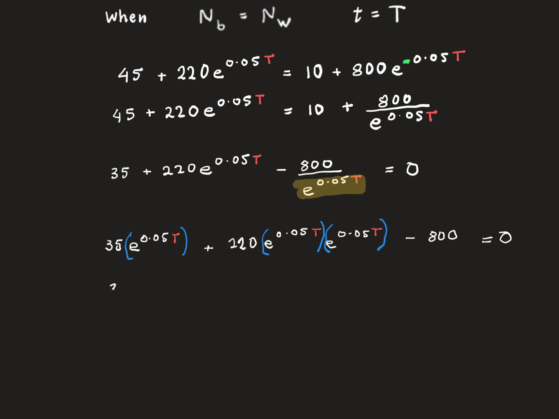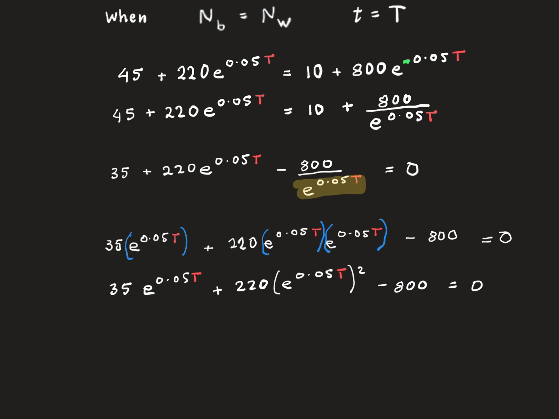So that this is 35 e to the 0.05t, and then we add 220 e to the 0.05t, and this e will be all squared, minus 800 equals 0.